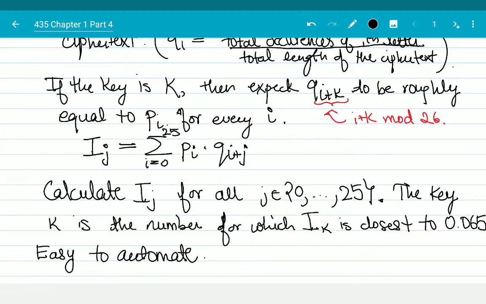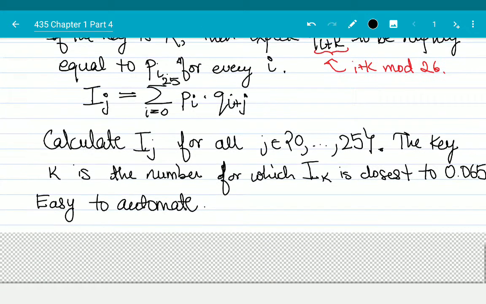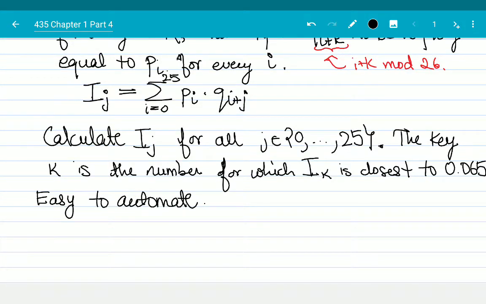Okay, and this is a pretty easy way to automate. For a shift cipher, you don't need to go through all of them. You just need to check for one single thing. So this is how you attack a shift cipher.